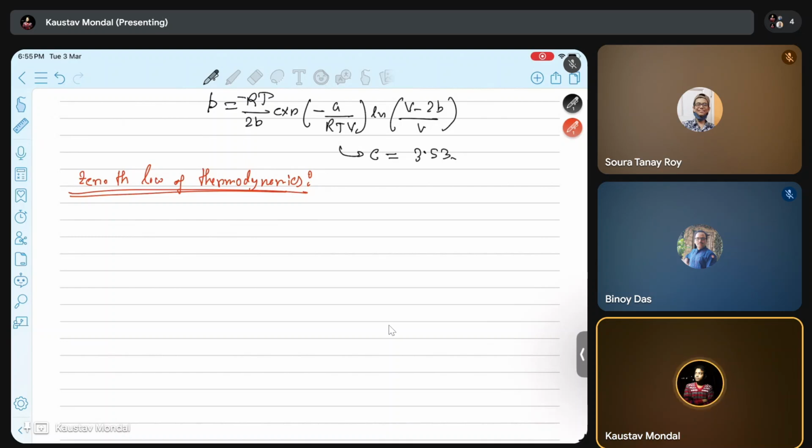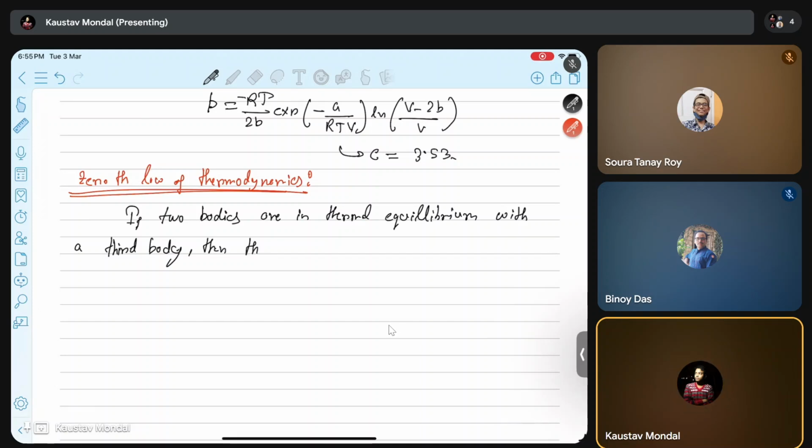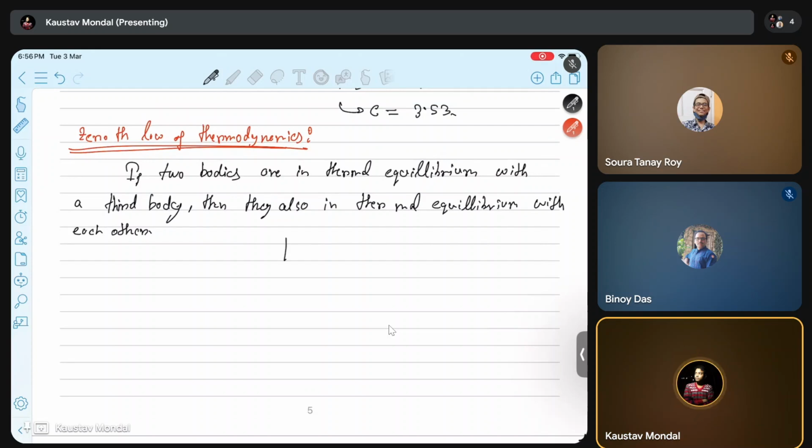Let's suppose there are two bodies, A and B. If two bodies are in thermal equilibrium with a third body, then they are also in thermal equilibrium with each other.